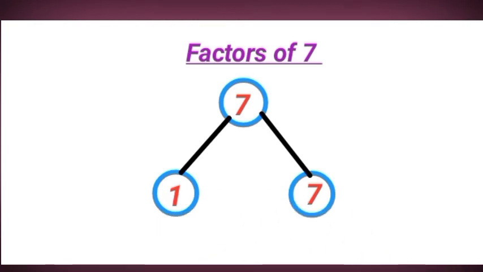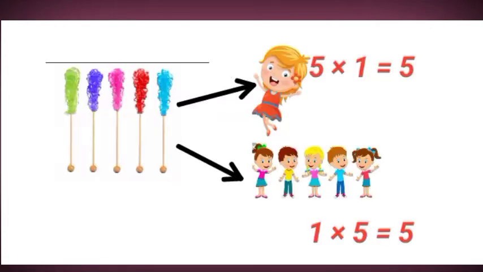Let us see another example. I have 5 candies. So these 5 candies can be shared equally by 5 children or 1 child. All the 5 candies can be given to 1 child. That's all. Or 5 children are there, so we can give 1 candy to each of the 5 children. This cannot be separated by 2 children.